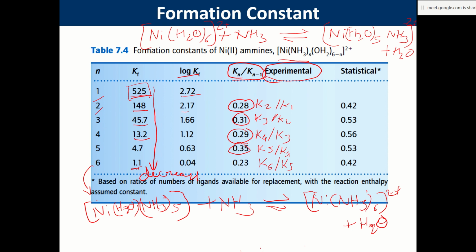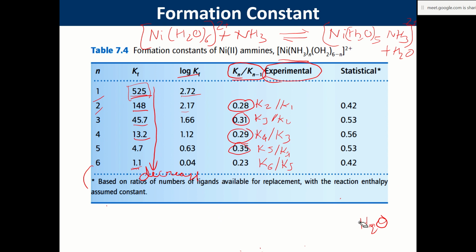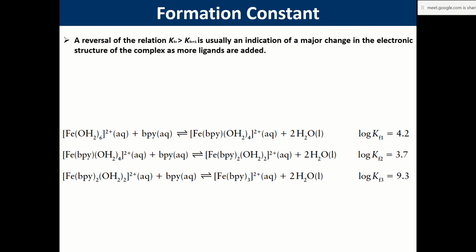That is the value we find here. So in general, in an octahedral pattern, when the ligands are replaced, things like this will happen. This is a typical pattern that we observe, and sometimes there is deviation from this particular trend.